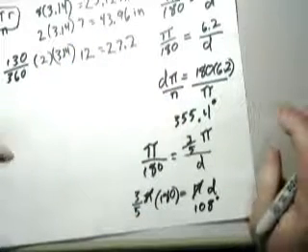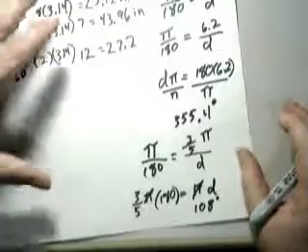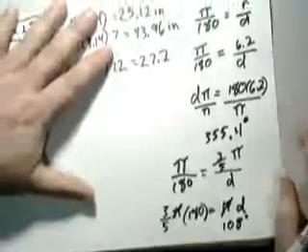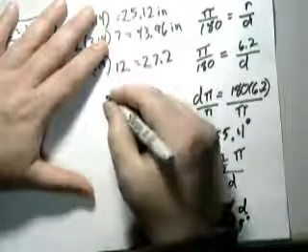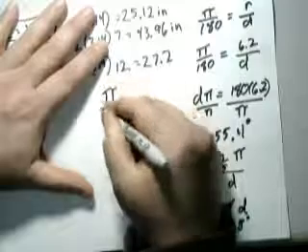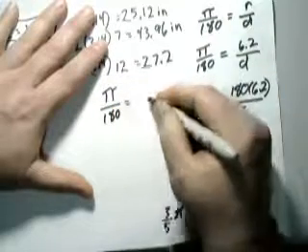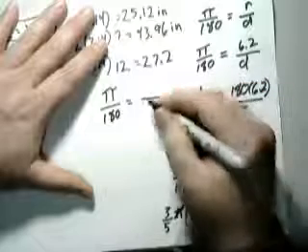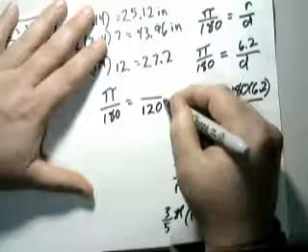Now if I wanted to find the radians after given the degrees, let's set up the ratio again, pi over 180 is equal to, let's say, 120 degrees.